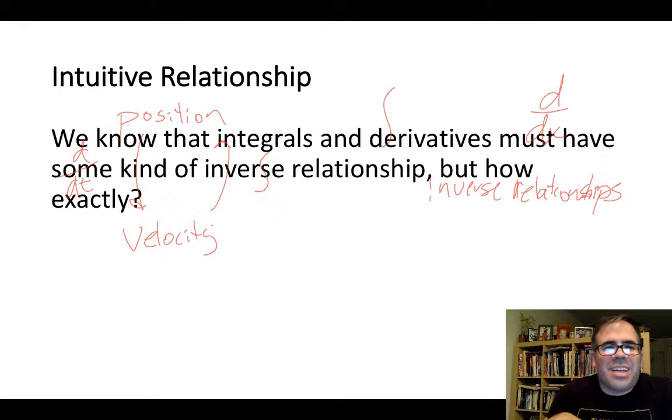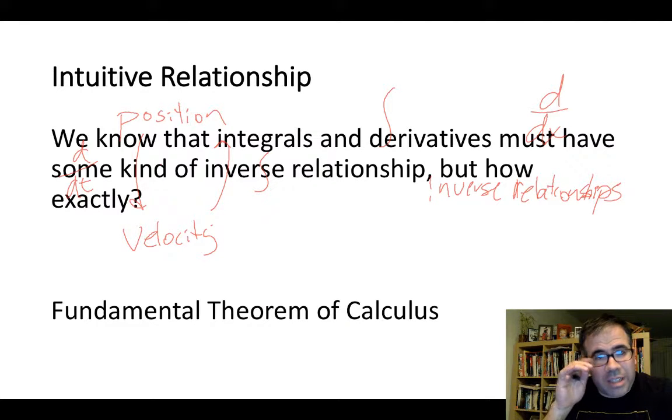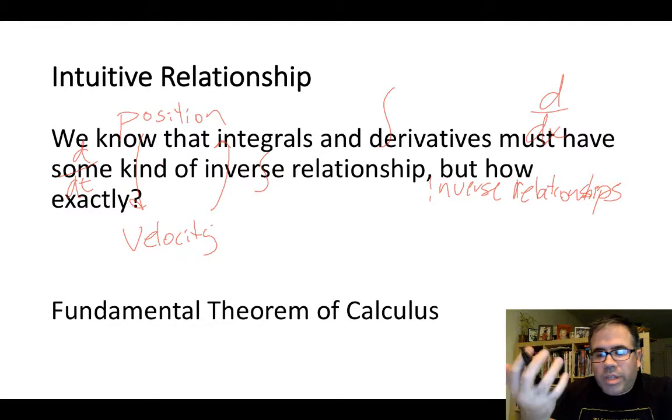So integrals must be some kind of inverse. How exactly? Like I said, you get a number from the definite integral. So we know there's this kind of inverse thing going, but how does that actually work? The way it works is done in the fundamental theorem of calculus. All right.